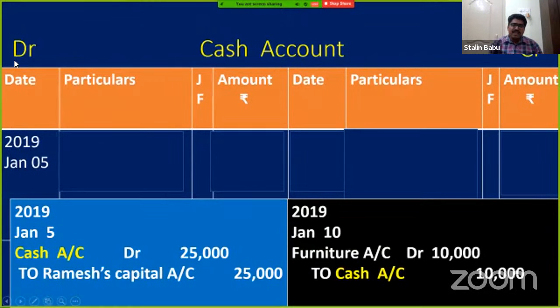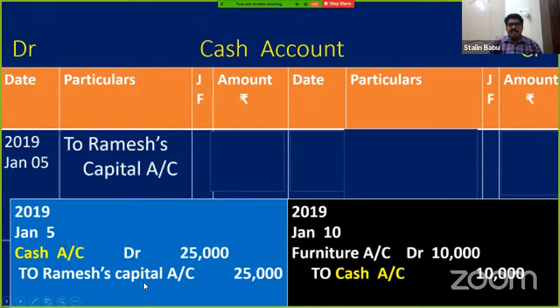On the debit side, we have to write the name of the account credited. That is Ramesh capital account, and the amount should be written in the amount column. What is the amount? 25,000. So here cash account is debited, so we are posting on the debit side. Remember that on the debit side, we have to write the name of the account credited.